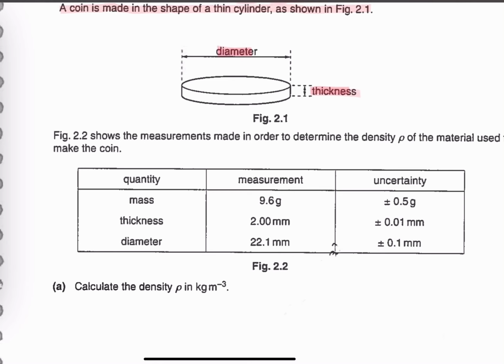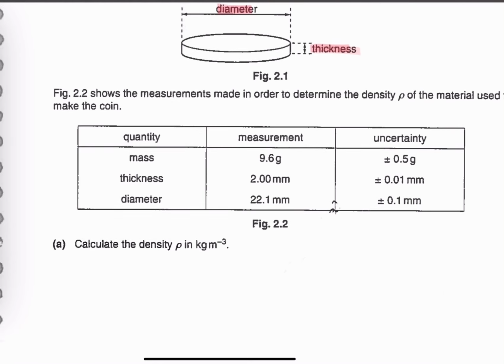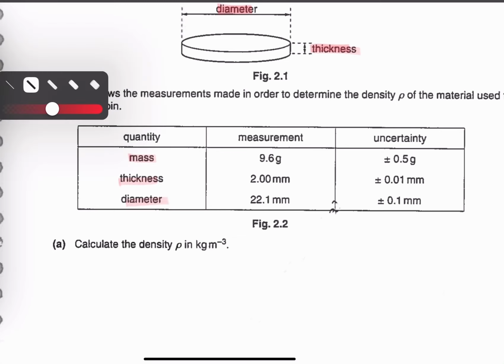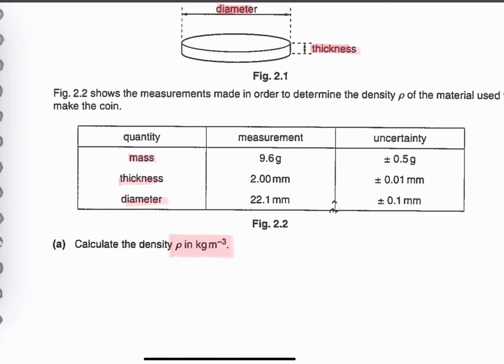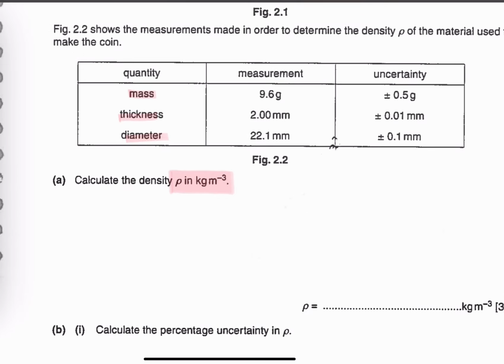What we have to find: we have this table in which there is a mass, thickness, and a diameter. We have to find the density. So density is equal to mass divided by volume. And the volume of a cylinder is pi r squared multiplied by its thickness.